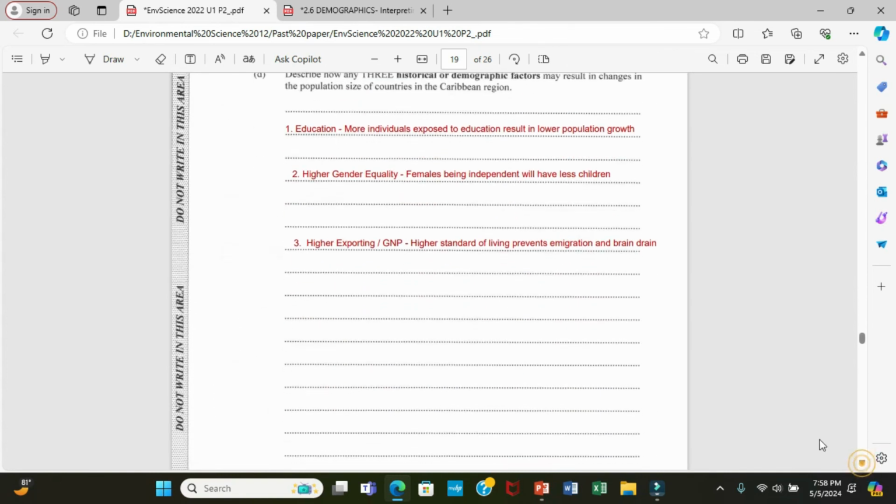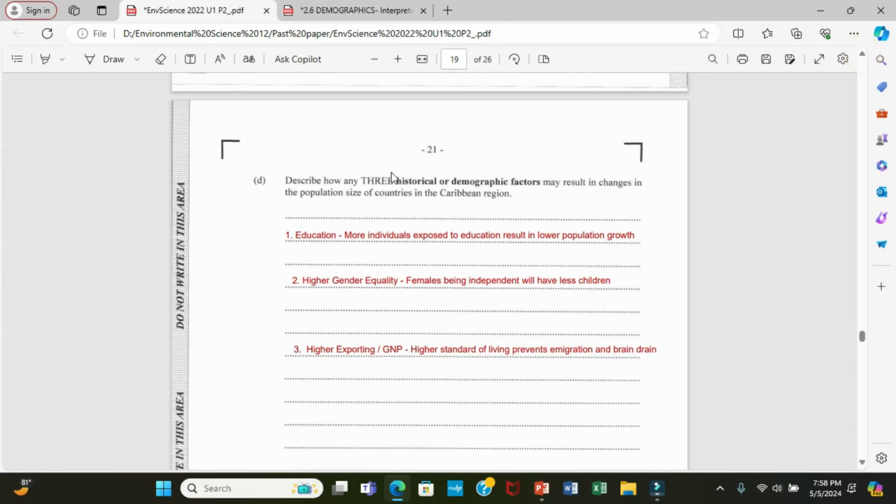Of course, guys, let's look at section D. It says describe how any three historical or demographic factors may result in changes in the population size of a country in the Caribbean region. If you notice, guys, coming out of slavery, there was little education, but since then, more individuals have been exposed to education. Of course, it results in lower population growth.